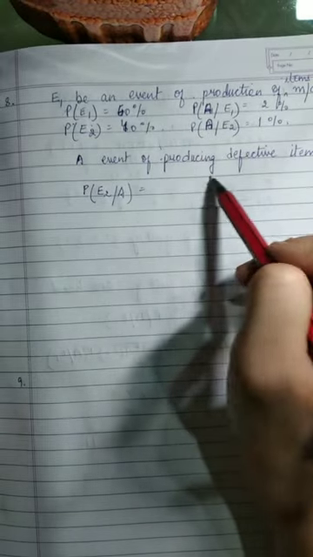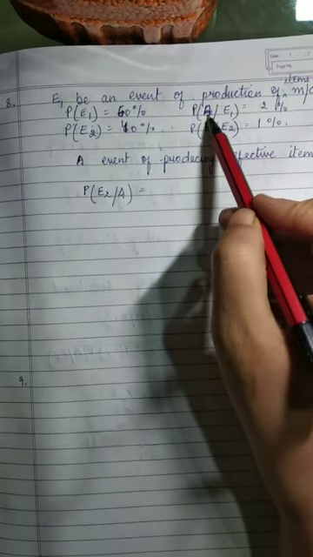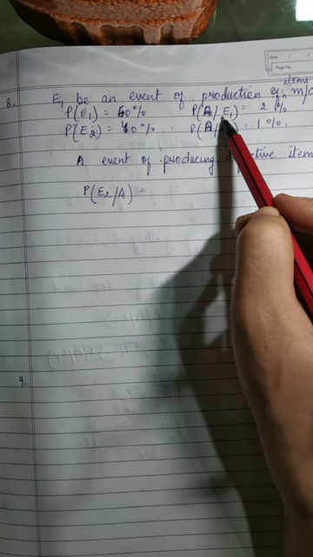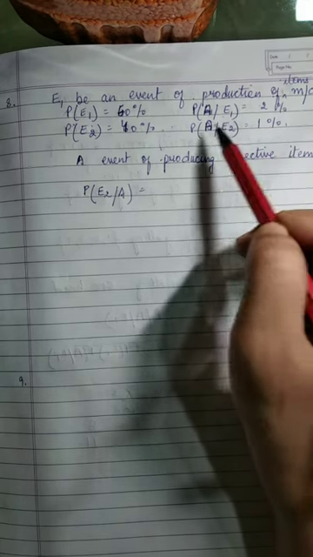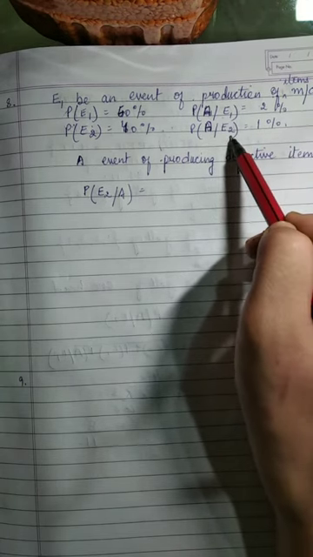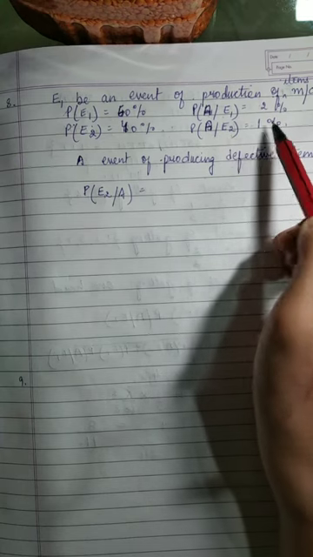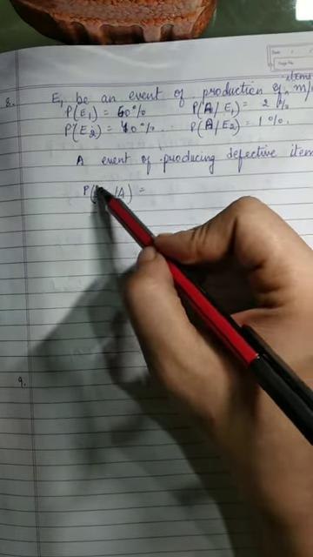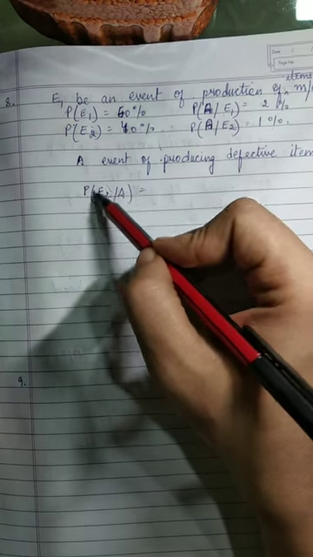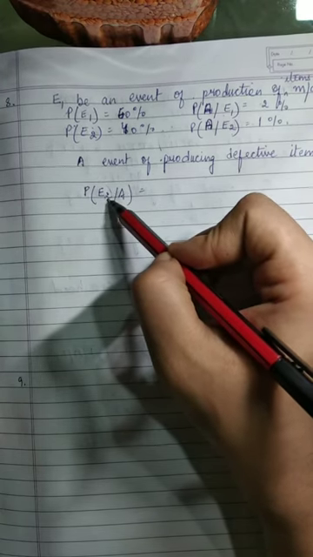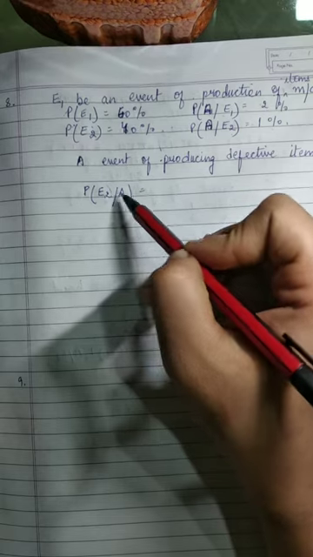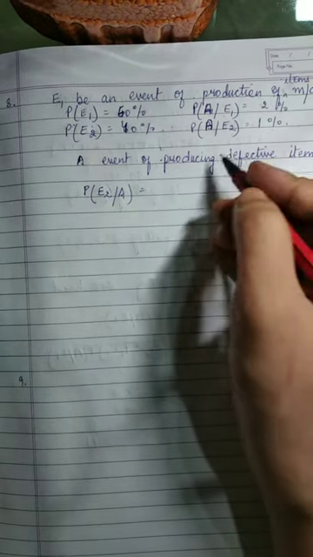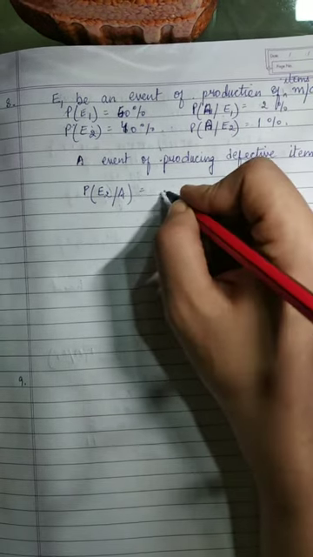Now A is the event of producing a defective item. So getting a defective item given that it was produced by machine A is 2%, and a defective item produced by machine B was 1%. So what are we supposed to find out? We are supposed to find the probability that the machine selected is machine B given that the item is defective. So the condition is of a defective item.